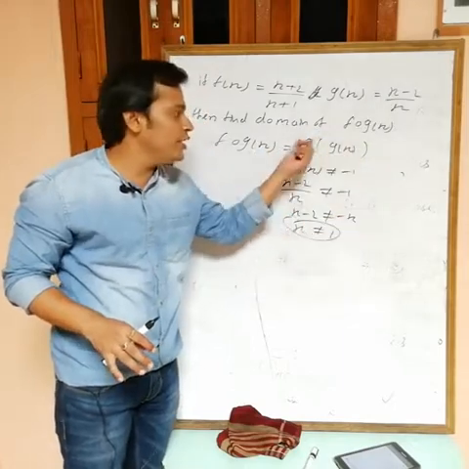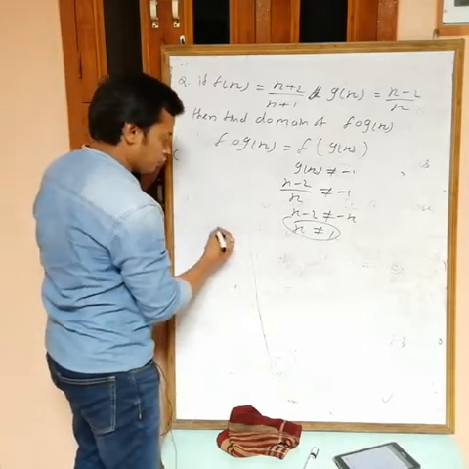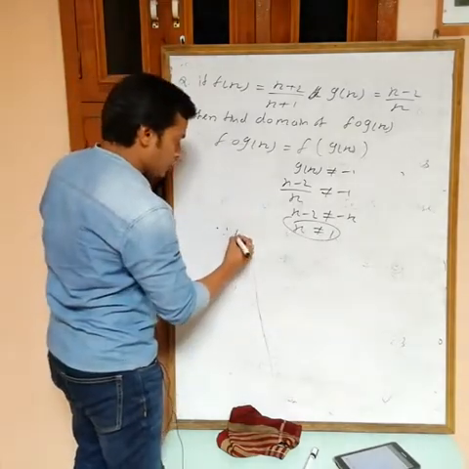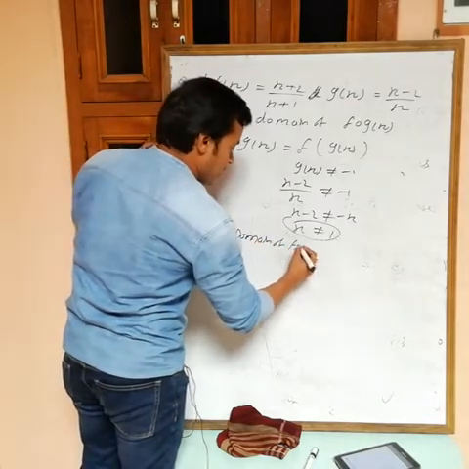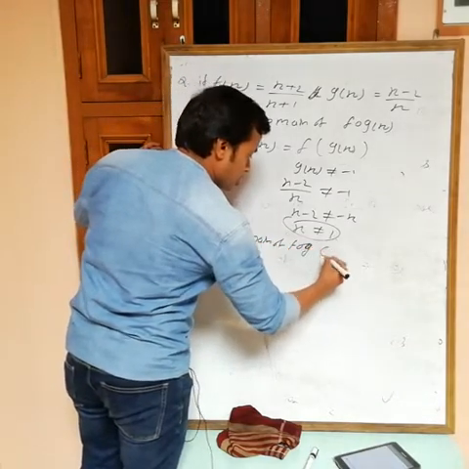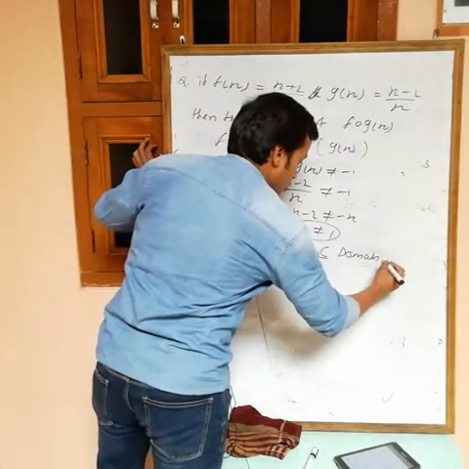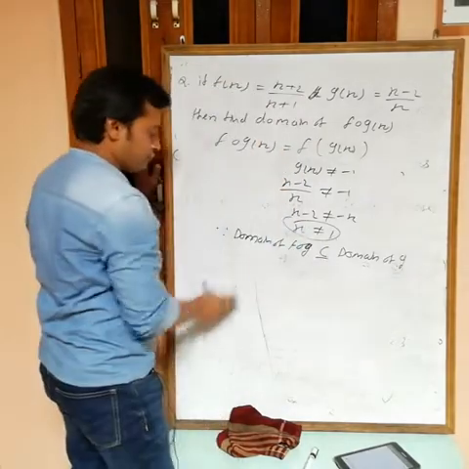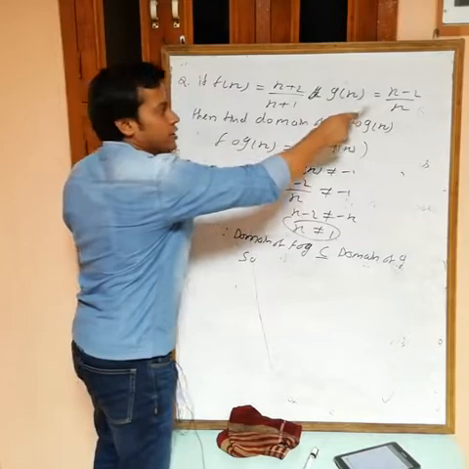If this is infinity, how can you find the value of f?